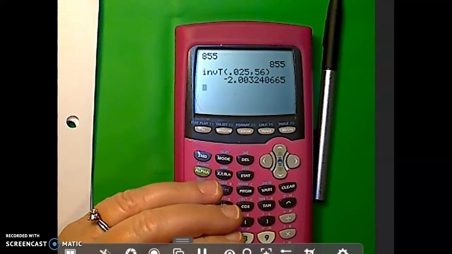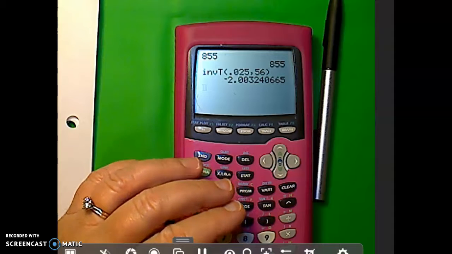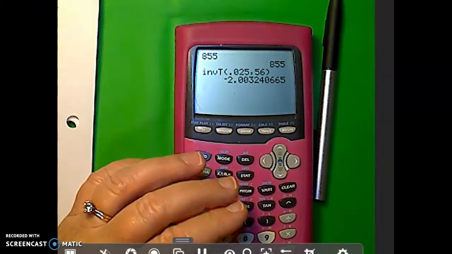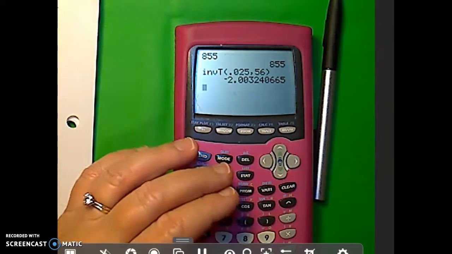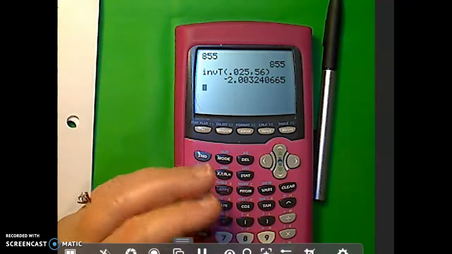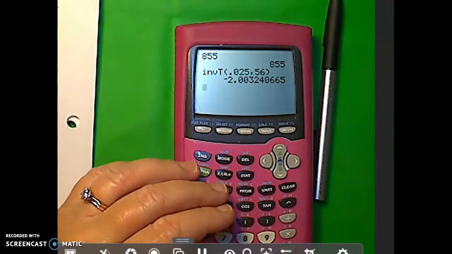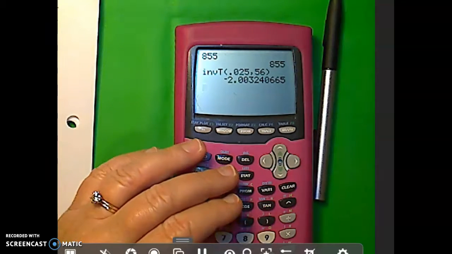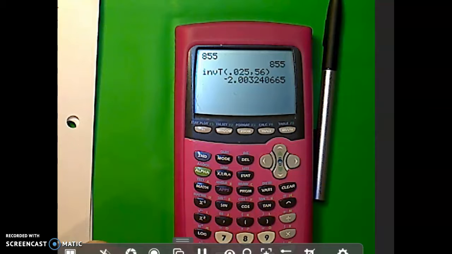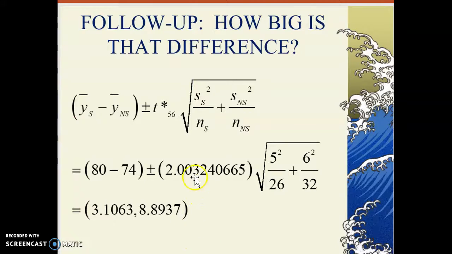Remember, your confidence interval uses the t-score related to whatever confidence level you have chosen. In this case, we're going to use a 95% confidence interval. It is not the t-value that goes with your sample data that you've been working with. Alright, back to the PowerPoint then. Yeah, there's our t-value that matches what we just got on our calculator.